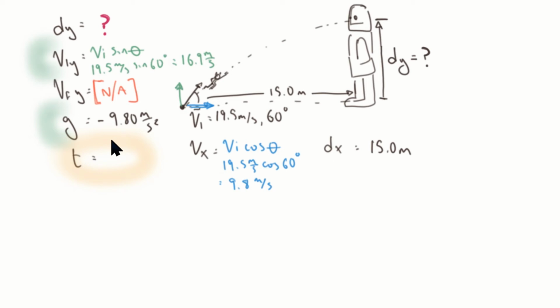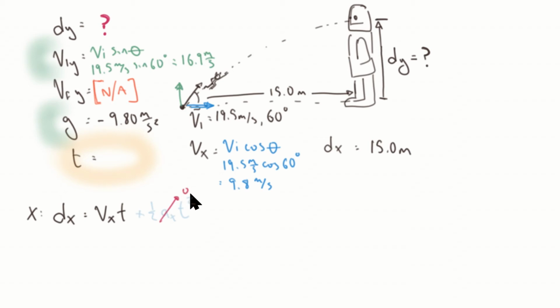So there's not enough information in the vertical direction to solve for time, but there is enough information to solve for time in the horizontal direction. If we take a look at our standard equation for projectile motion scenarios, in the x direction we have dx equals vxt, and remember there's that plus 1/2 axt squared, but the acceleration in the x direction is 0, so that whole term just drops out.